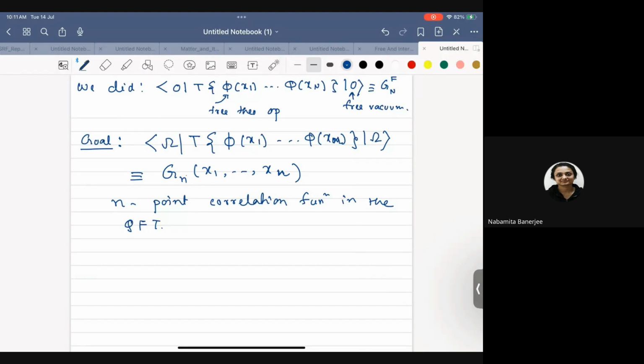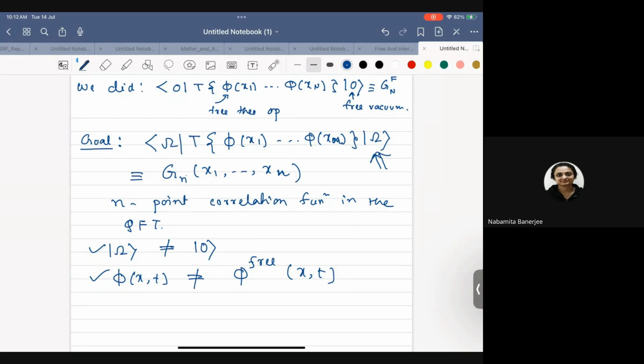But now with a pinch of salt. What is it? Now this state is not the free vacuum, and these operators are also not the free theory operators. But nevertheless, this is a state and this is an operator, so this quantity makes perfect sense as a definition.